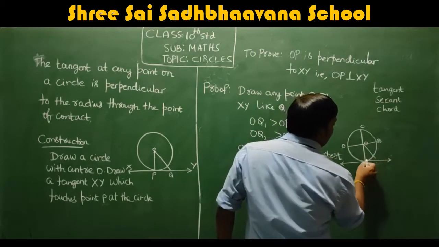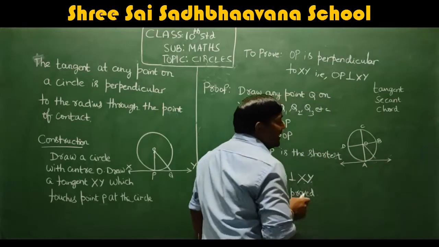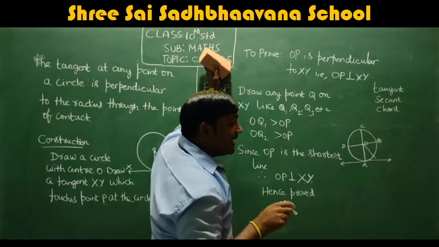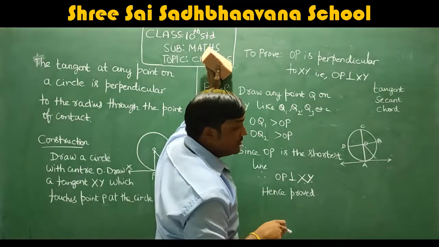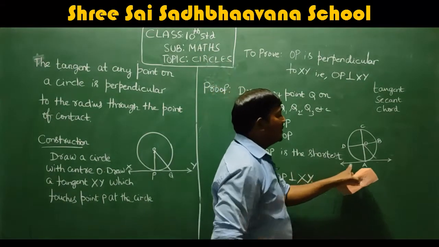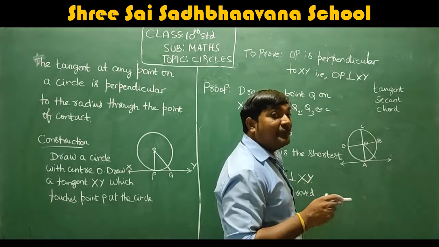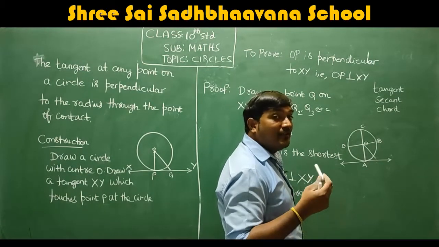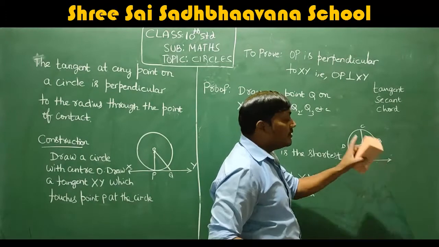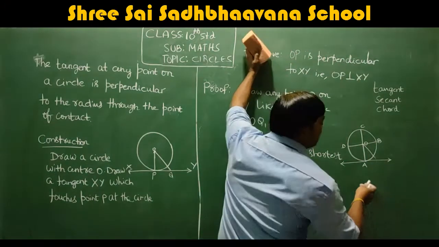So on this A, the line should touch the circle as well as the tangent. What I did, I drew a tangent at the point A. This point A touches the circle as well as the tangent. Correct? It is a common point which touches both.